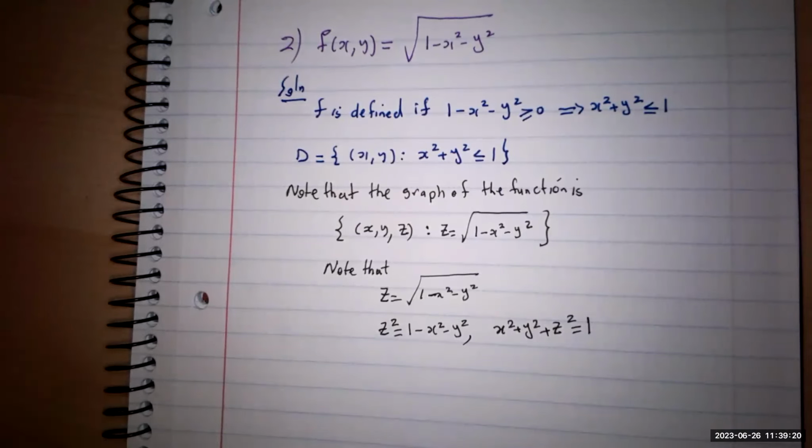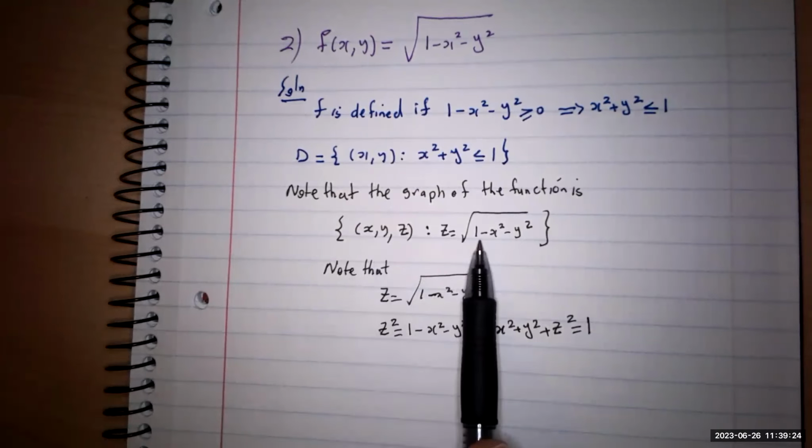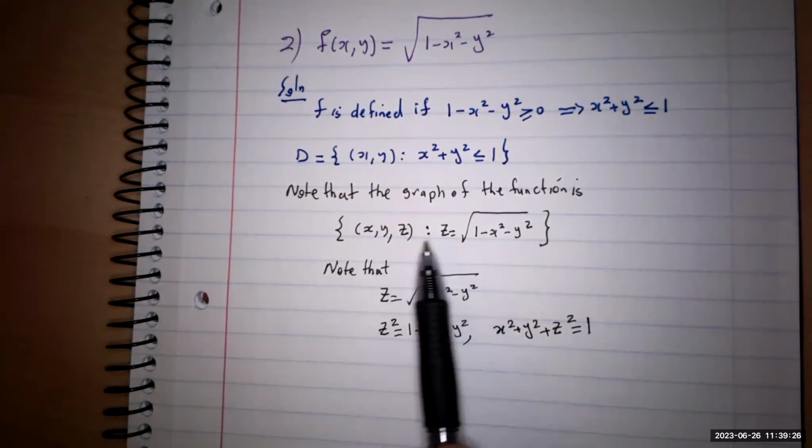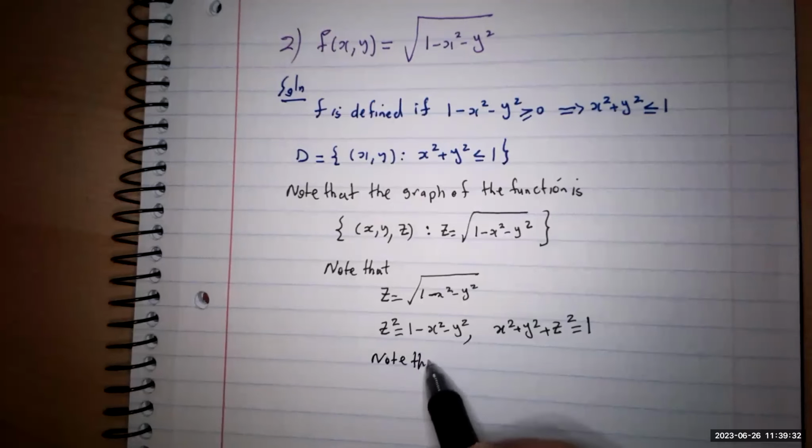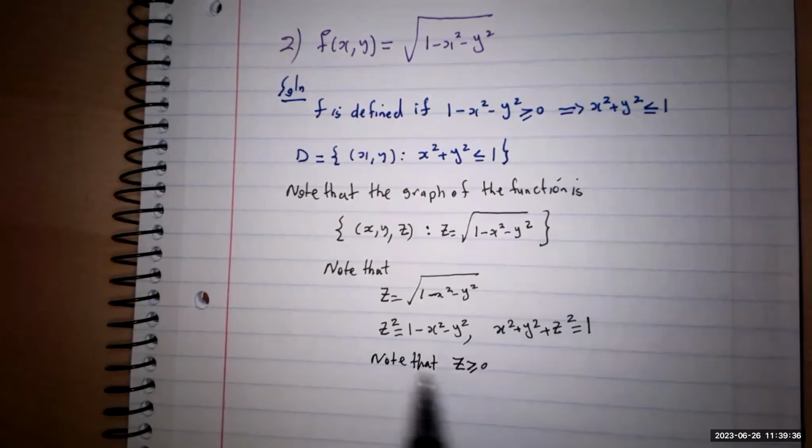This is where you've got to be careful. Go back and put it here. Note that your z is greater than or equal to 0 because you take the square root. It's going to be equal to 0, so you are not going to have all the points.